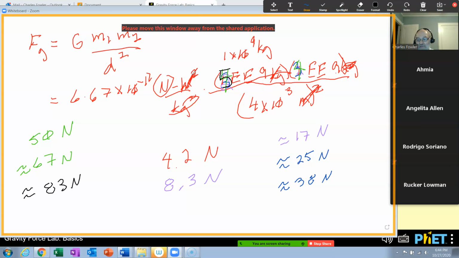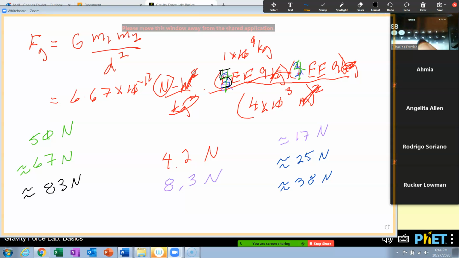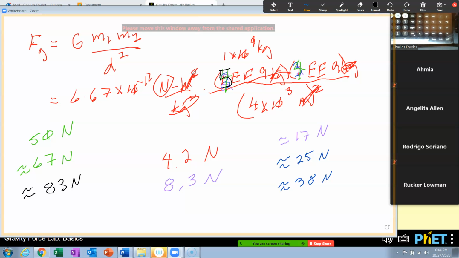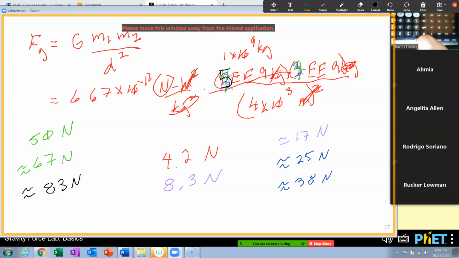Okay, now I don't know what EX is. Oh, E to the X, like this one right up here. Okay, no, that's an exponential. That's not a power of. That's not a scientific notation. Scientific notation is either EE or EXP. This is E to the power. That's a completely different function.